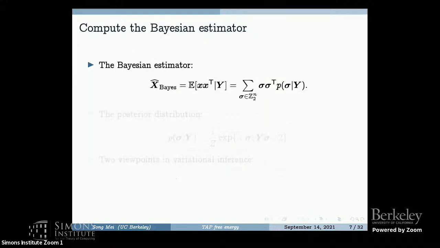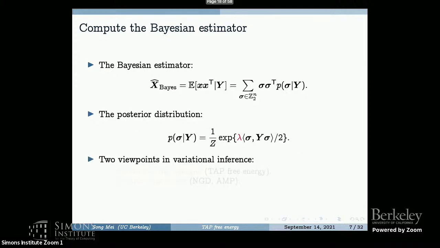The Bayes estimator is very good, and people have shown good properties for it, but the question today is how to compute it. Definitely it's a high-dimensional integration problem, so we want to approximate it instead of computing it exactly. What people do is variational inference.